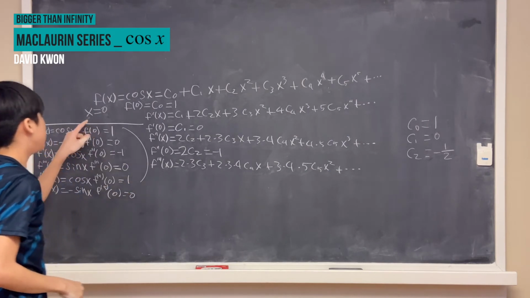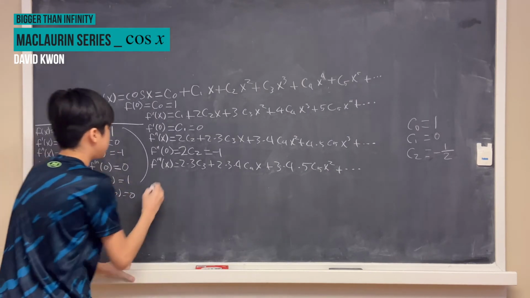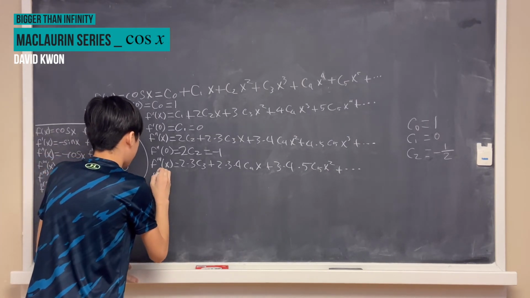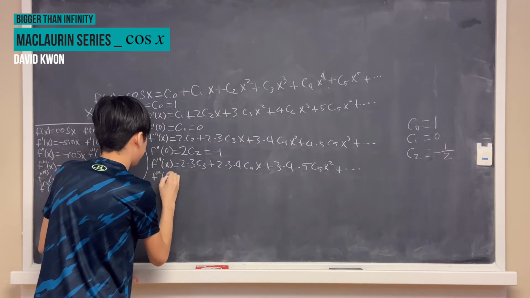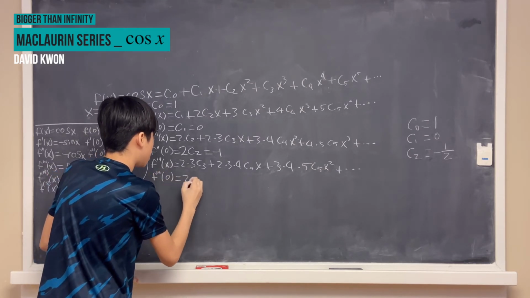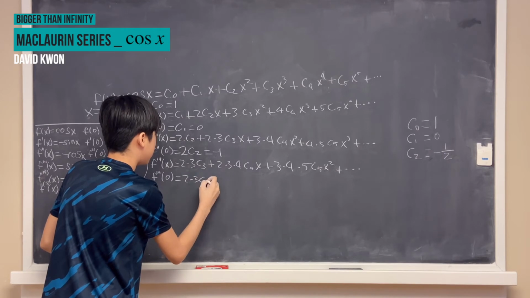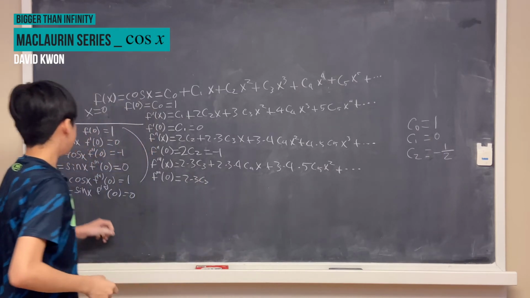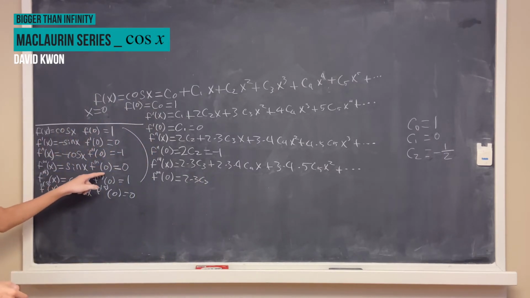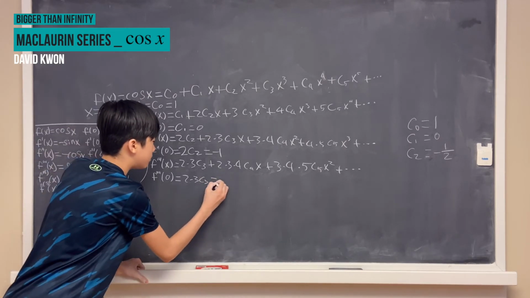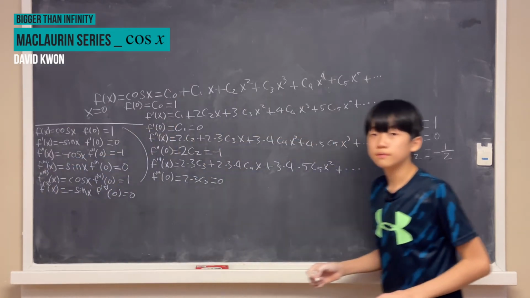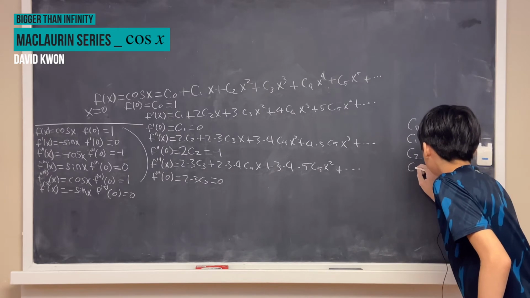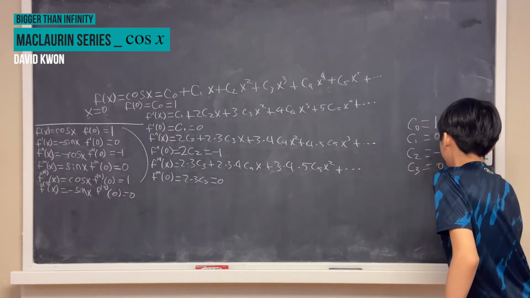Now again, we will set x equal to 0, so we have f prime prime prime 0 is equal to 2 times 3 times c sub 3. And here it says that f prime prime prime 0 is equal to 0, so our value for c sub 3 is equal to 0.